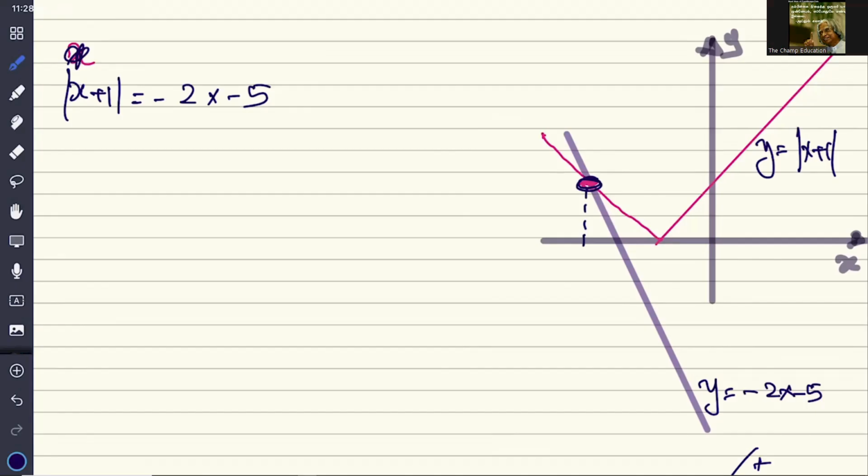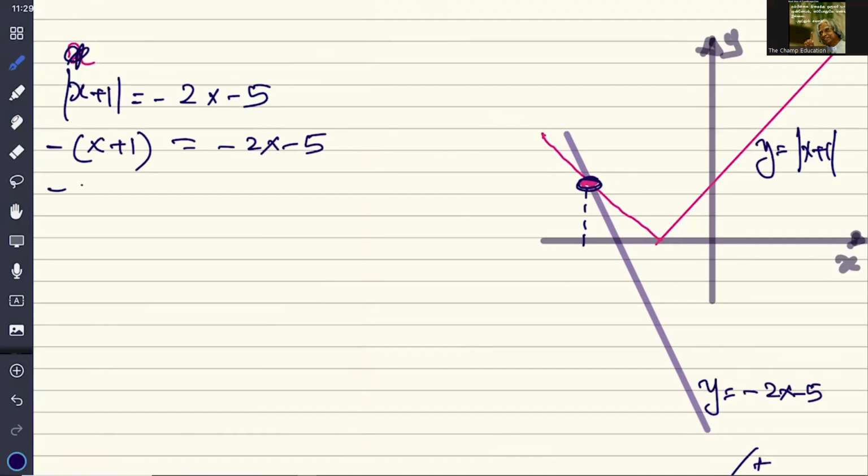Therefore, we don't have to use positive values. So in this case, I will use only the negative value. So minus x plus 1, and this one is already minus, so I'm not going to bother. Minus 2x minus 5, because that's not going to change, but that's a normal graph.